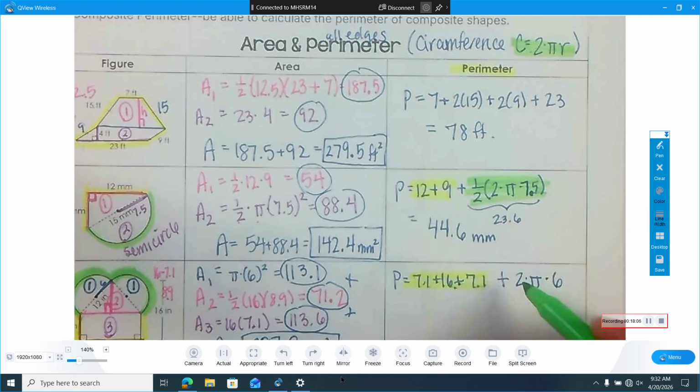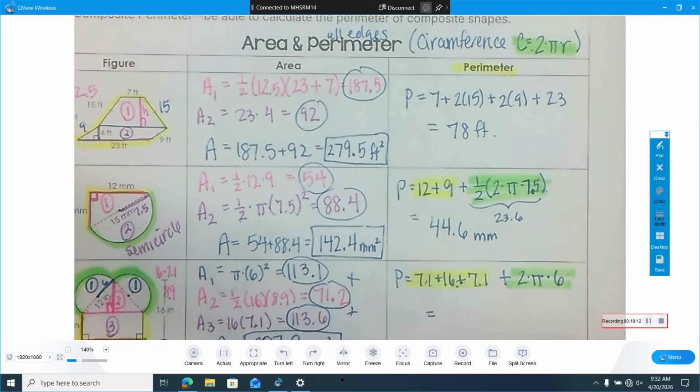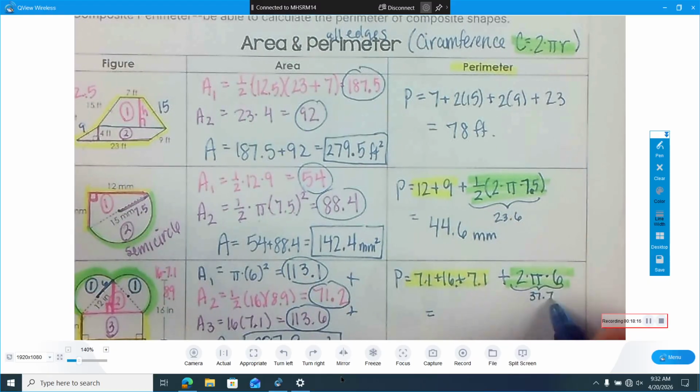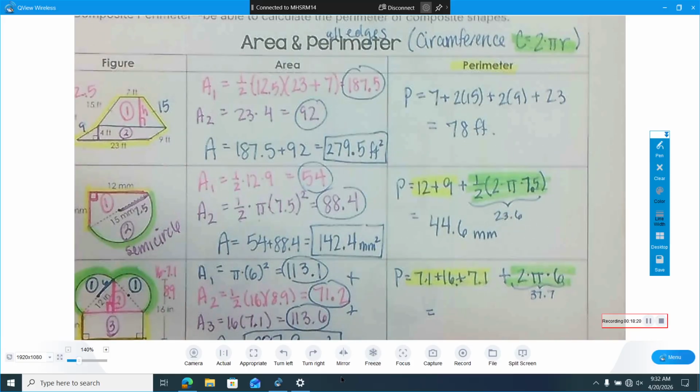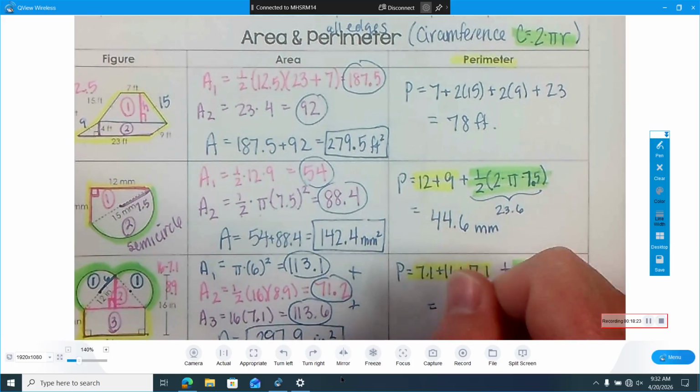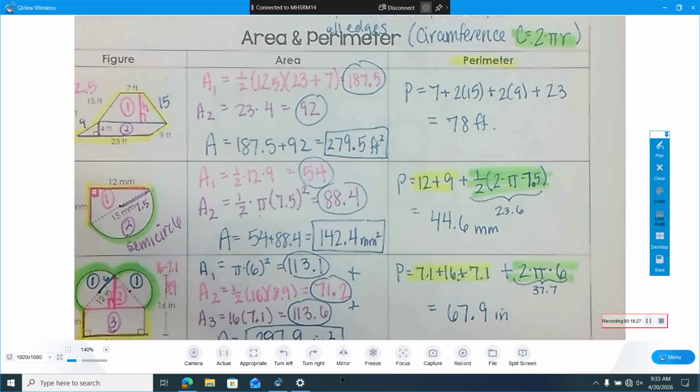So there's the green portion, and you can just type that whole thing in. So 2 times pi times 6 is 37.7. That's true. And then add in your yellow stuff. Yeah, good. So you should get 67.9 inches in your calculator.